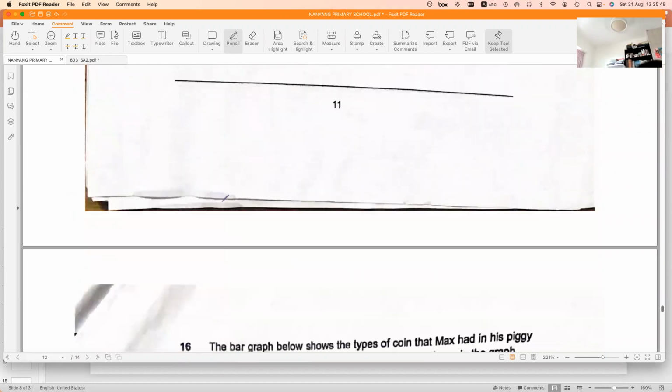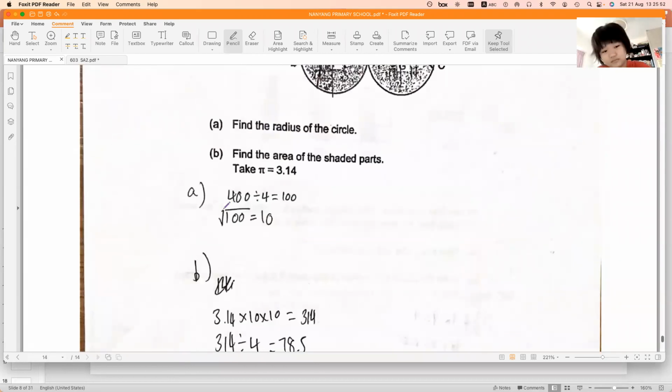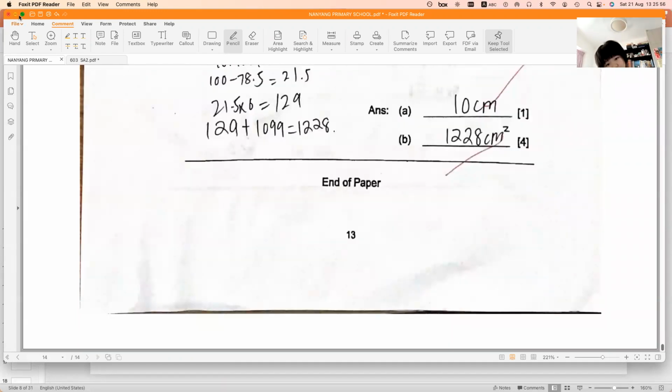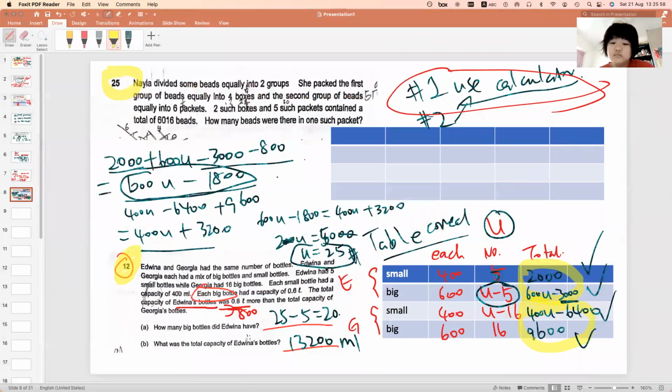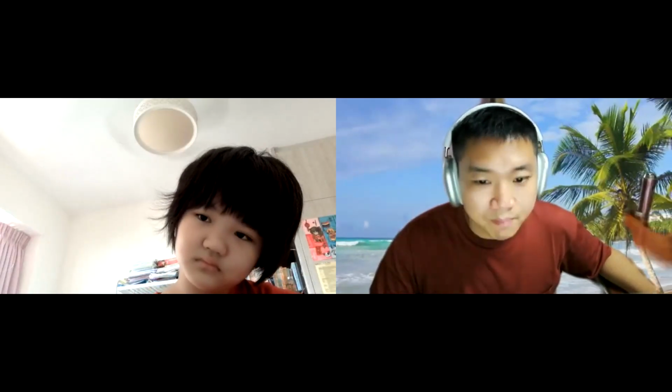Okay, and let's look at your set of paper. This part you also get correct. Let me stop sharing first, then we look at your Henry part 1.